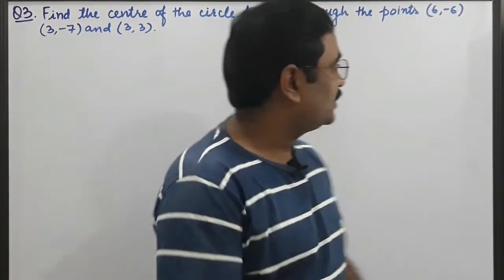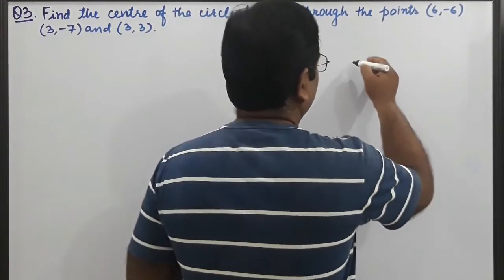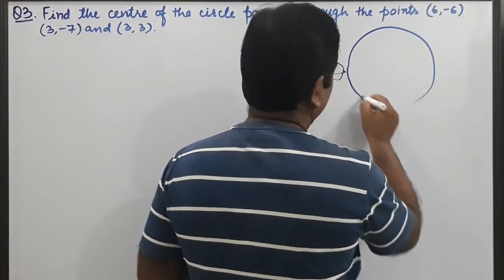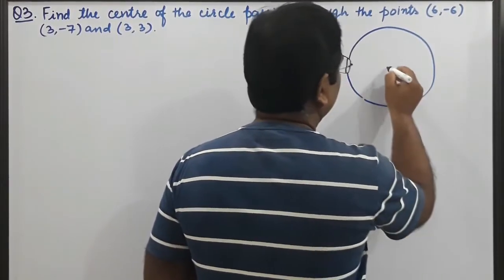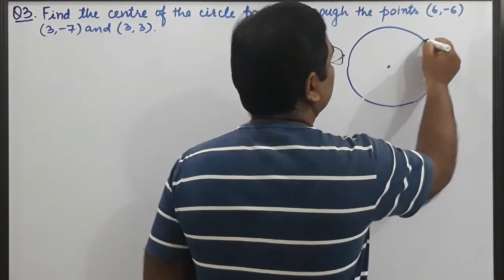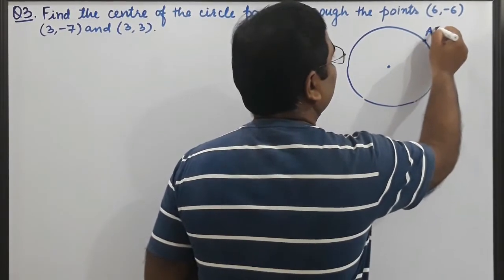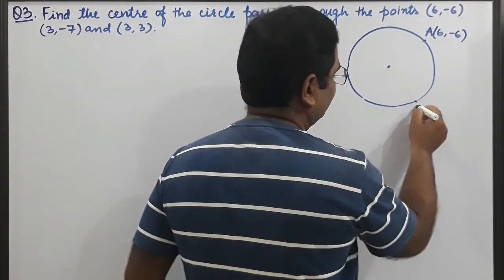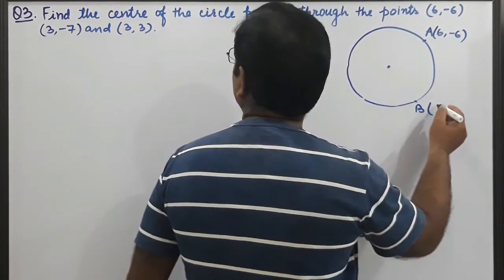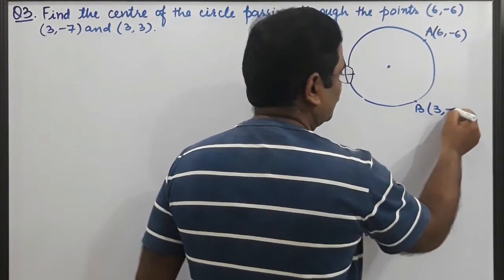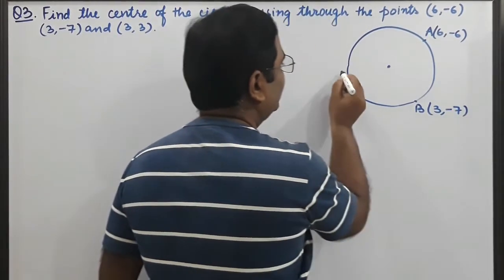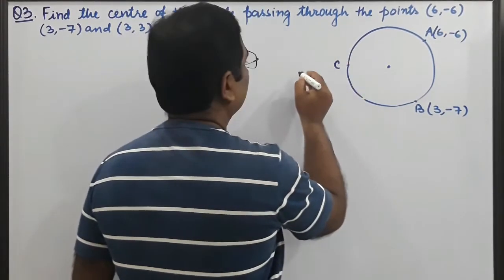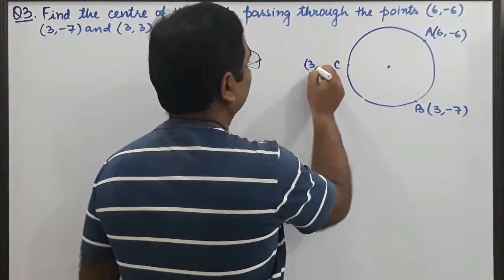Means if you have a circle, this is a circle, and this circle passes through these 3 given points, say A which is (6, -6), B this is (3, -7) and the point C whose coordinates are (3, 3).